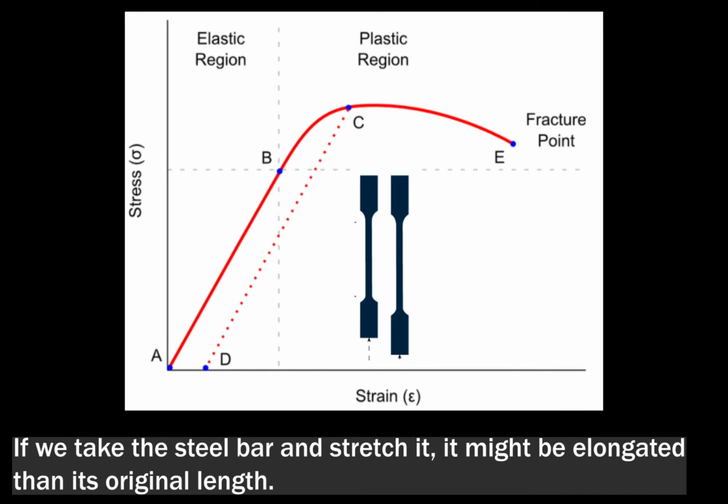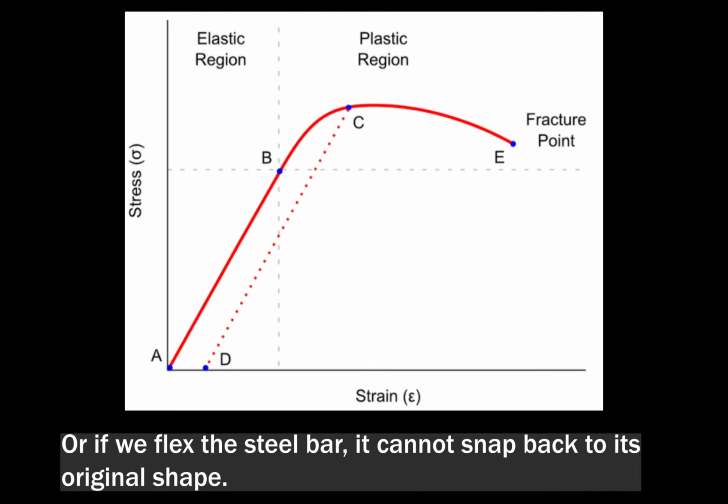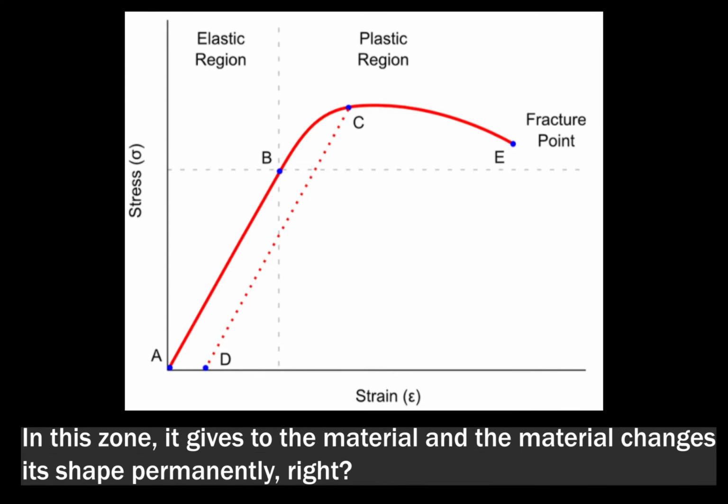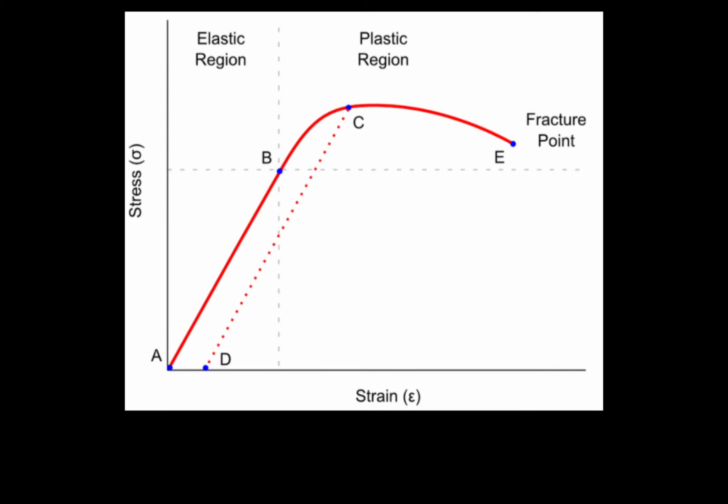If we take the steel bar and stretch it, it might be longer than its original length. Or if we flex the steel bar, it cannot snap back to its original shape. So this one, B to E, is the region called the plastic region. In this zone, the material is deformed, and the material changes its shape permanently, right?